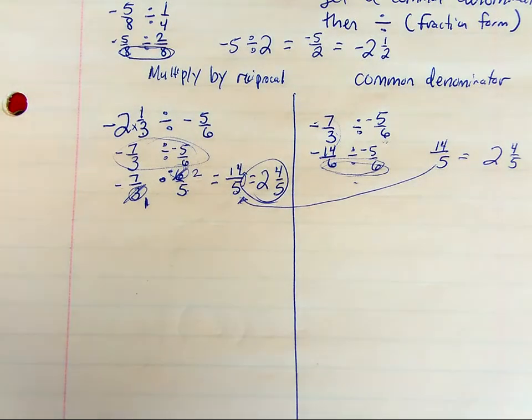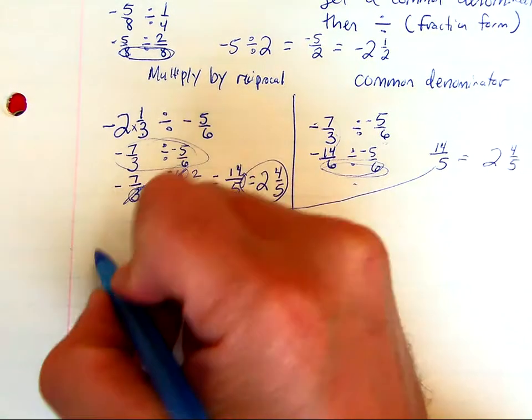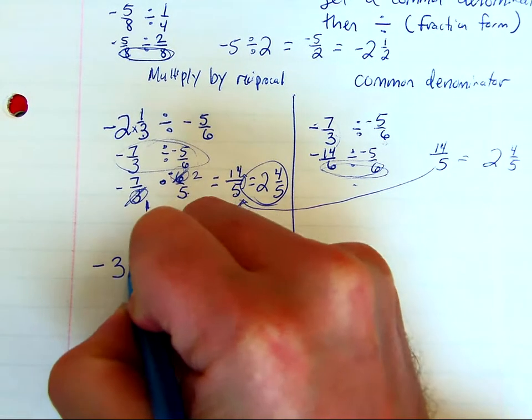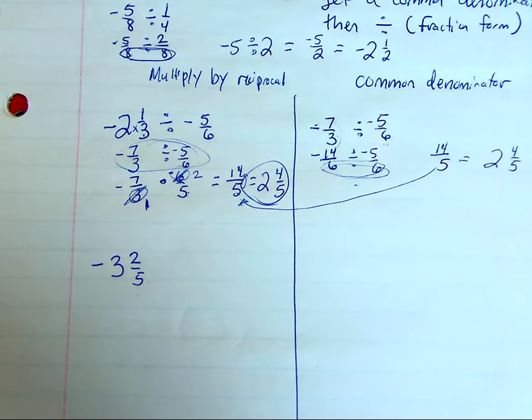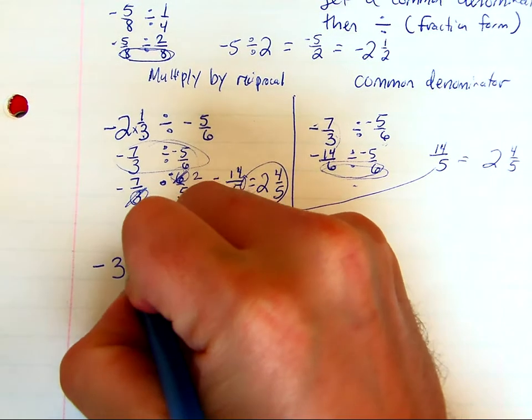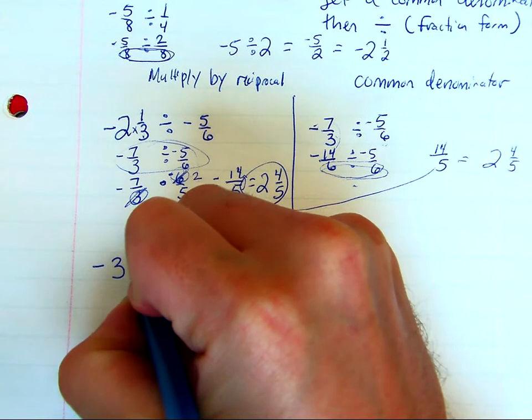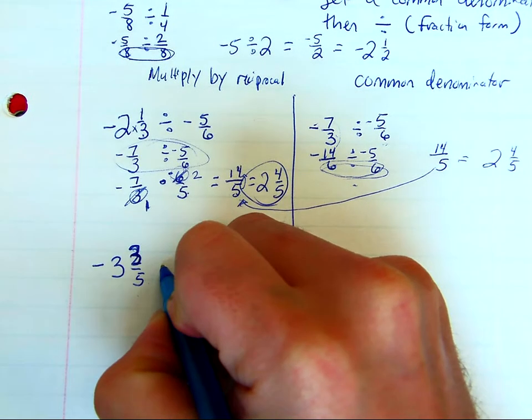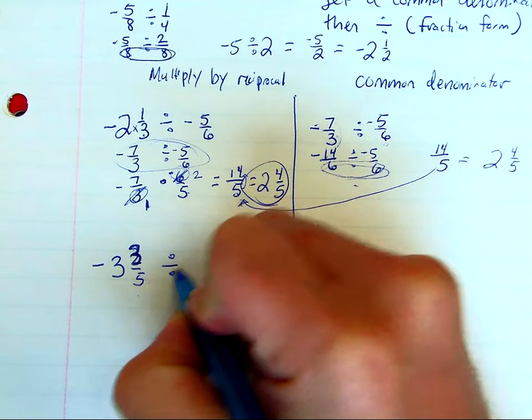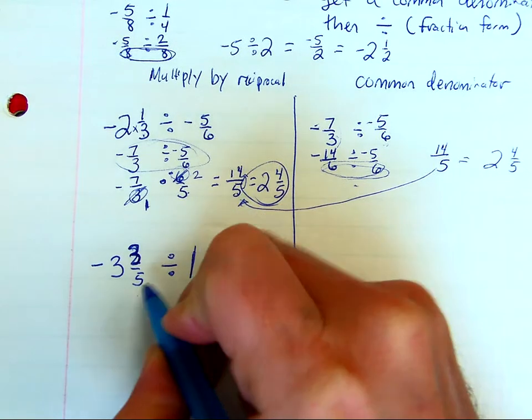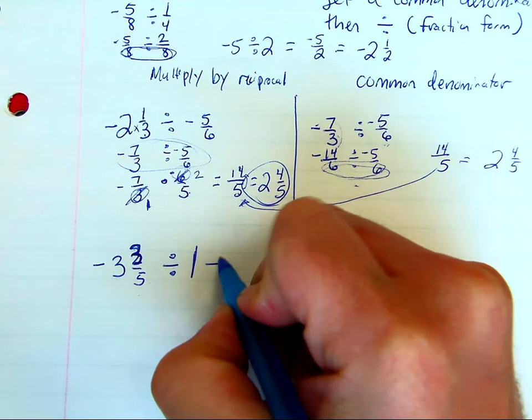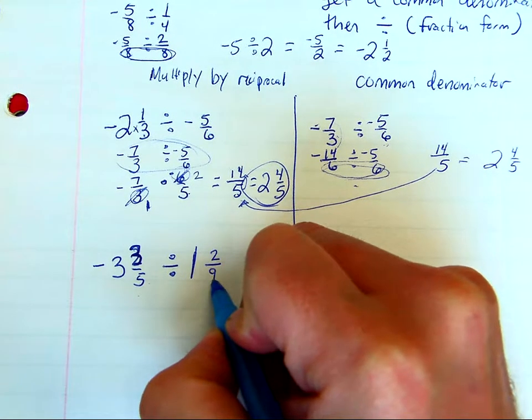All right, let's do one more example. Let's try negative 3 2/5. Now let's say negative 3 3/5. Let's do that. And then we'll divide it by 1 2/9.